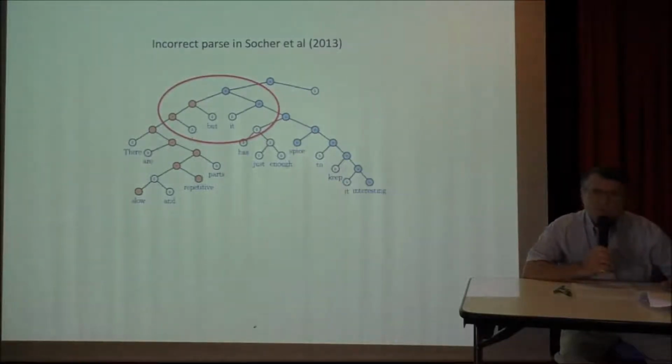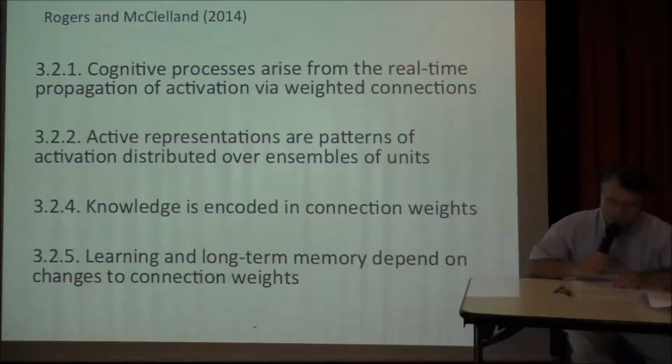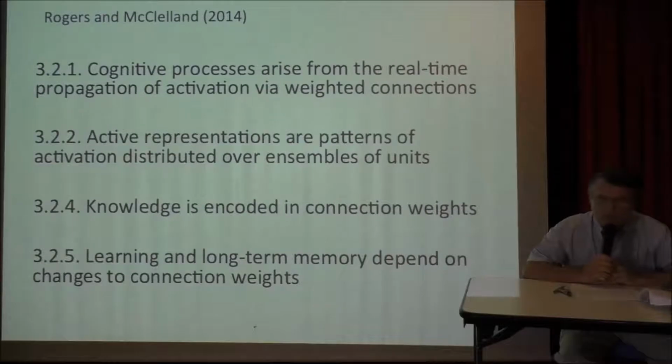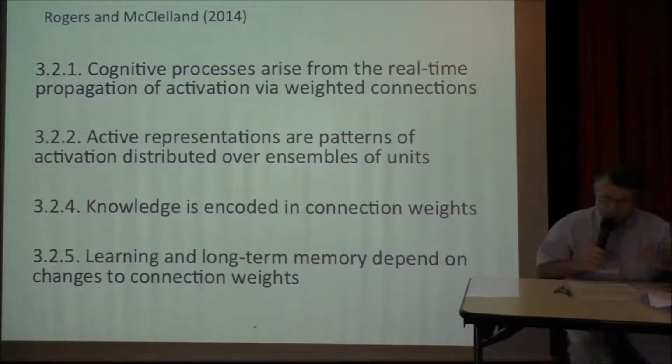So what are the properties of connectionist and other dynamic models that are said to be neurologically realistic? Rogers and McClelland in 2014 list seven of what they call central tenets of connectionist models, four of which are widely thought to be related to or perhaps derived from neurological elements and events, and they are the following.